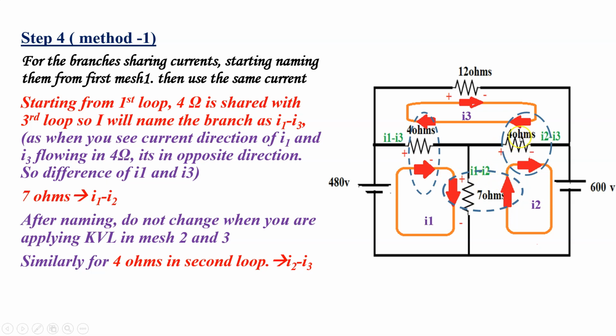Next, this 4 ohm is being shared by 2 and 3, so it is the difference between I2 and I3. After naming them, I will not change the branch current when I am considering the other mesh.